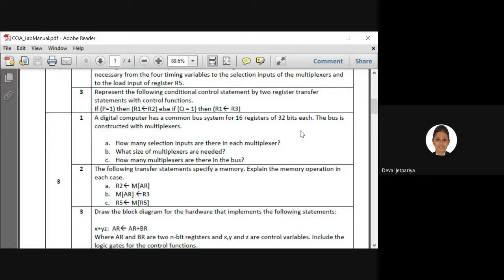So here, in a bus structure, if you want to transfer 32 bits of data, you need to use multiplexers. With this information, you need to answer these 3 questions. How many selection inputs are there in each multiplexer? The selection inputs are based on the number of registers.